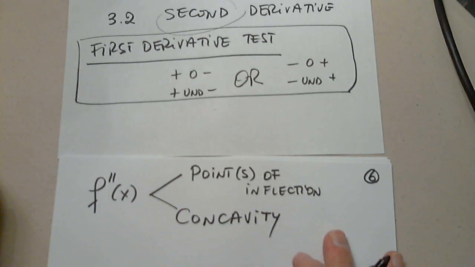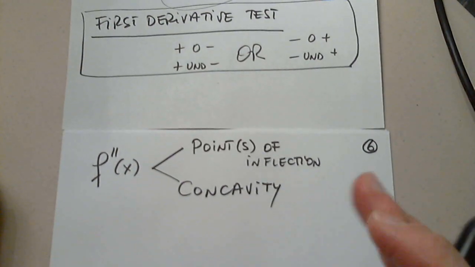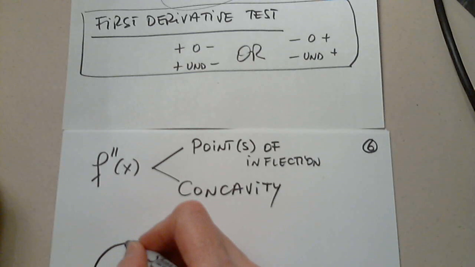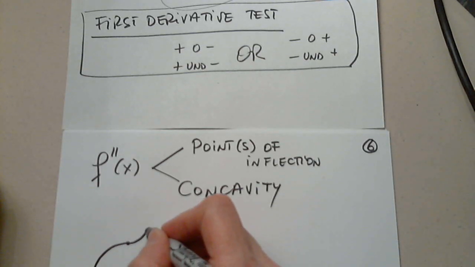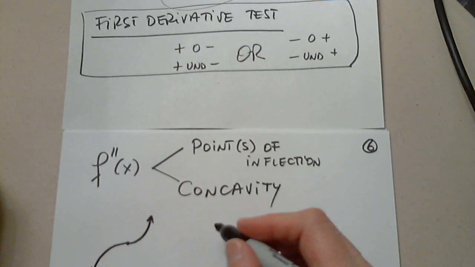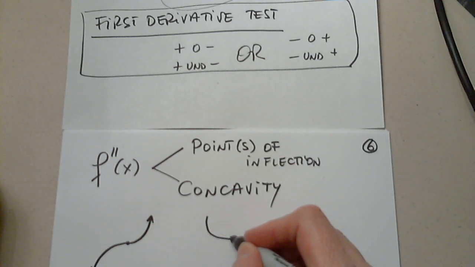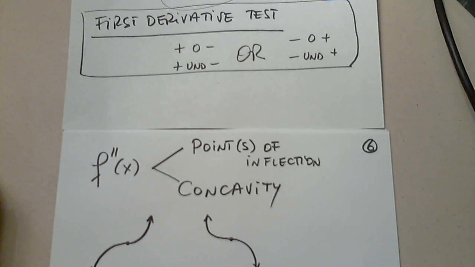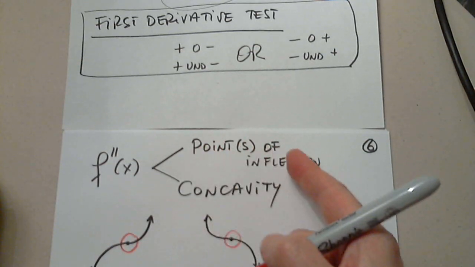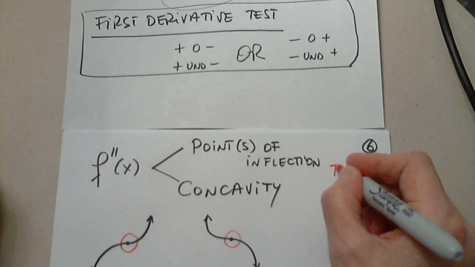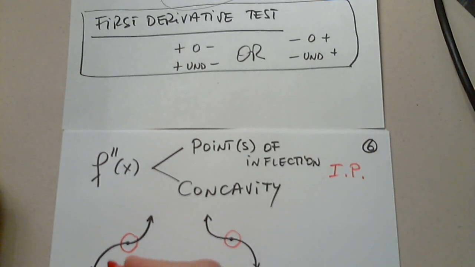So let's discuss them together. If a function does this, or maybe does this, these points are called points of inflection, or in fact inflection point. So this is an IP. What about the concavity?